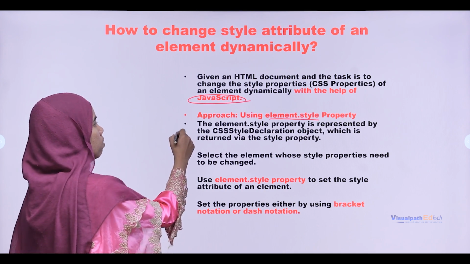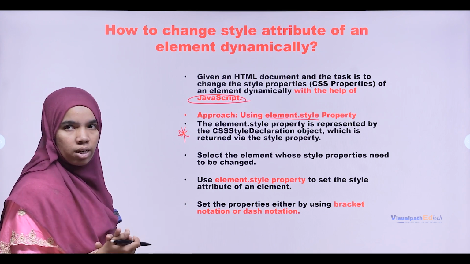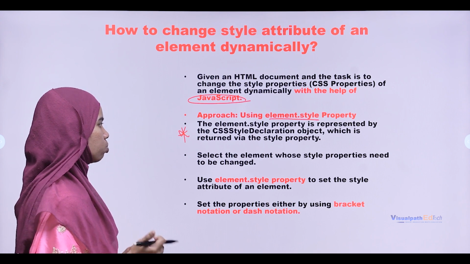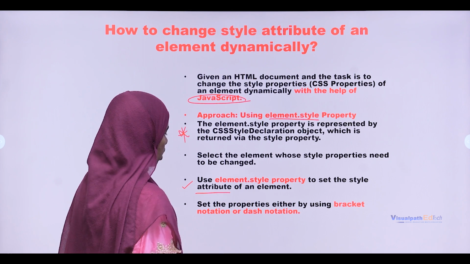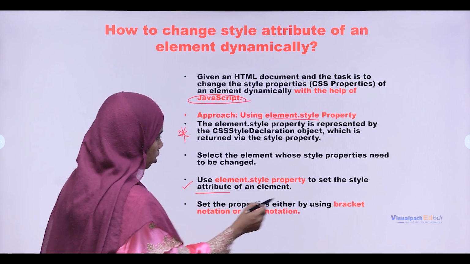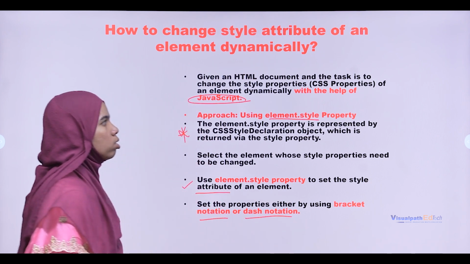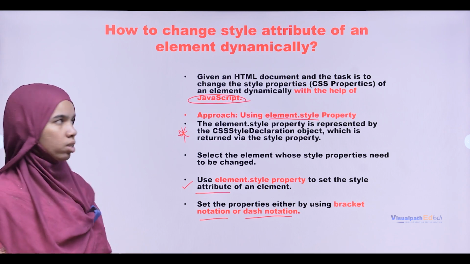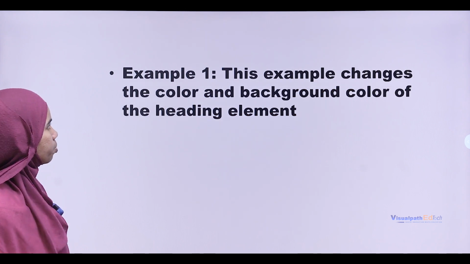There we will be applying the styling property of it, and then we will be selecting certain elements where we need to apply the styles and their properties, and certainly we will be applying the styling to the attributes as well, and set the properties either by using the bracket notation or the dash notation. So these are the dynamic approaches where we can apply the CSS, styling the attributes dynamically.